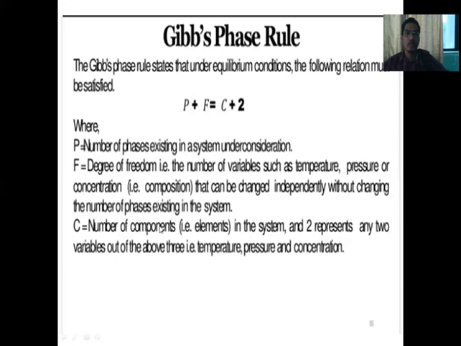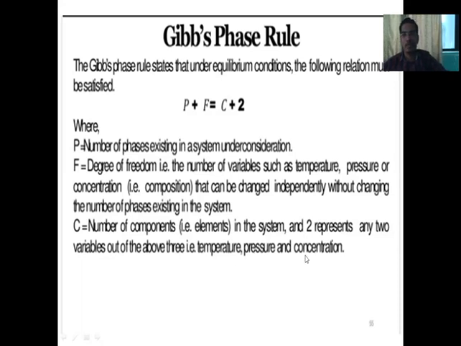Then C is the number of components or elements present in the system. How many components or elements are present in the system, that is denoted by C. Then 2 represents any two variables out of the three, that is temperature, pressure and concentration.